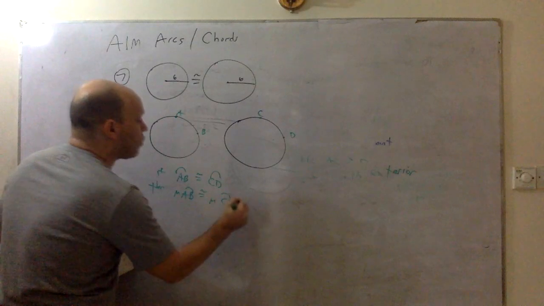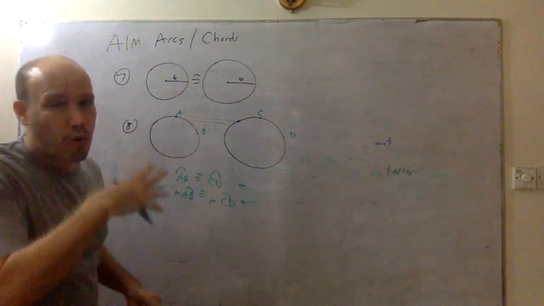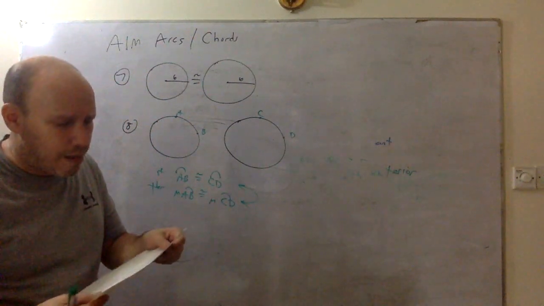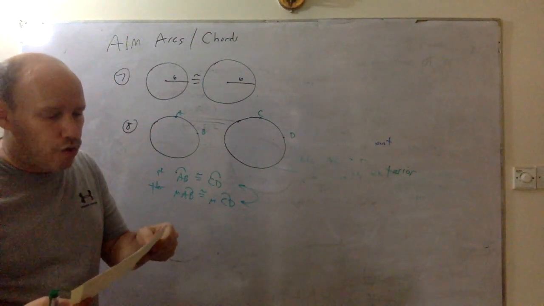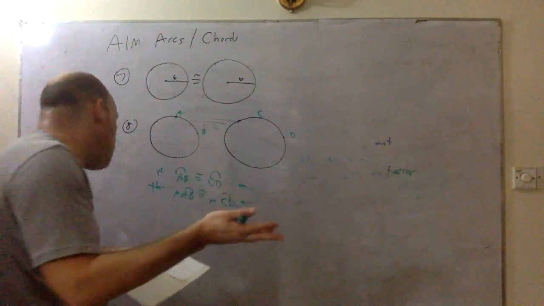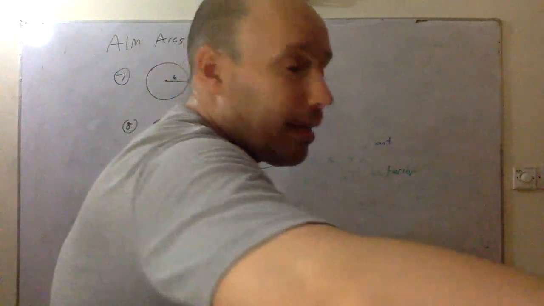And actually the converse works also. It's very straightforward. It seems very obvious. We just want to state all these things. Number 9, congruent central angles intersect congruent arcs and vice versa.